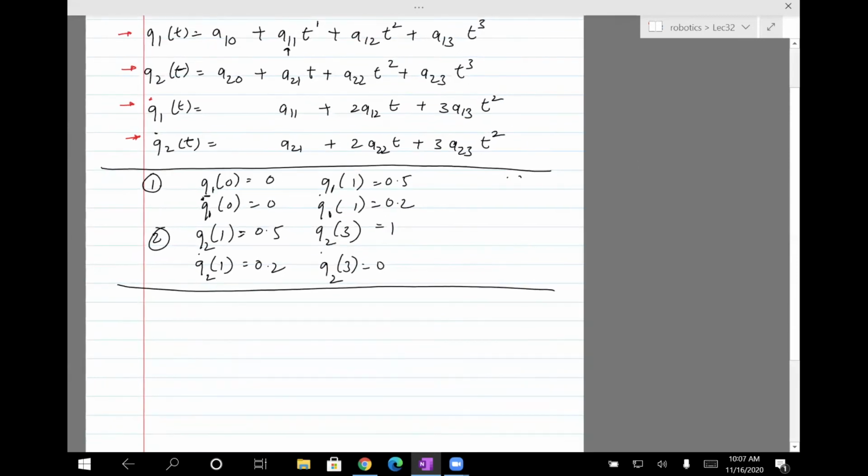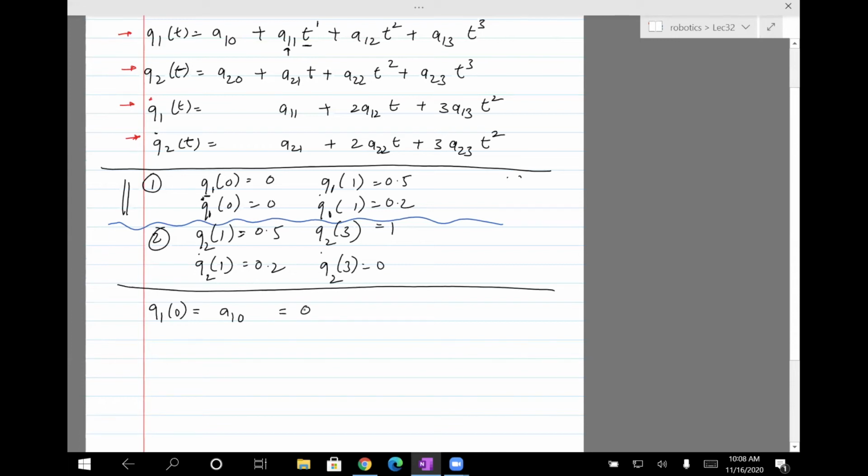So let's start with part 1. Let's put q1 of 0 equals 0, so let's just put t equals 0 in this expression. We have q1 of 0 equals a10, and the second, third, and fourth terms are all 0.